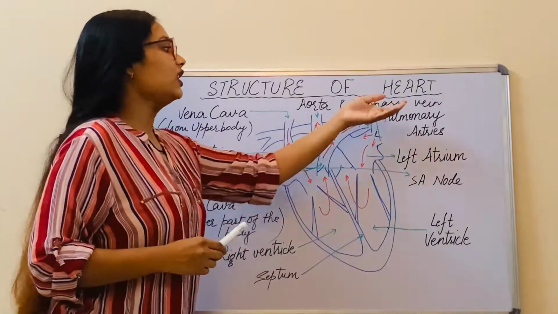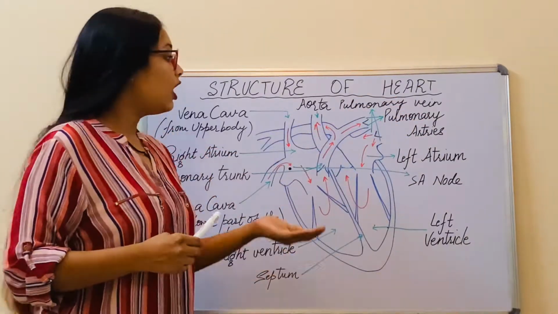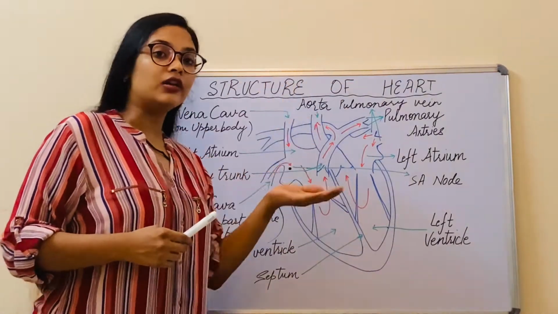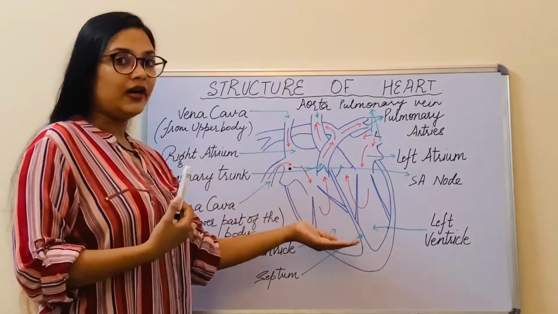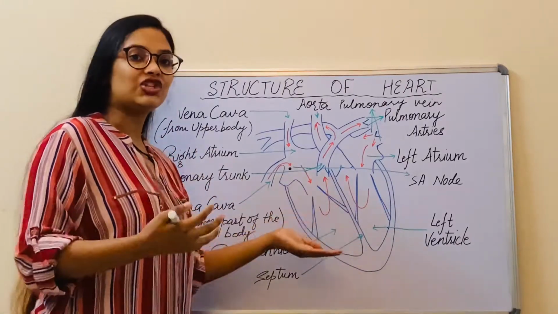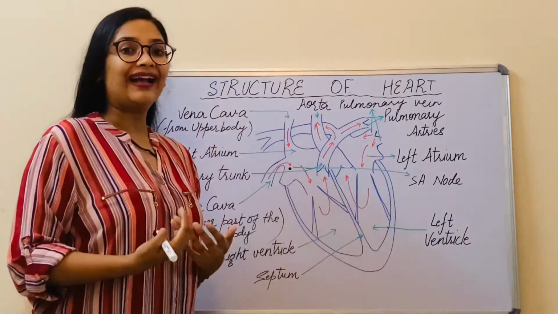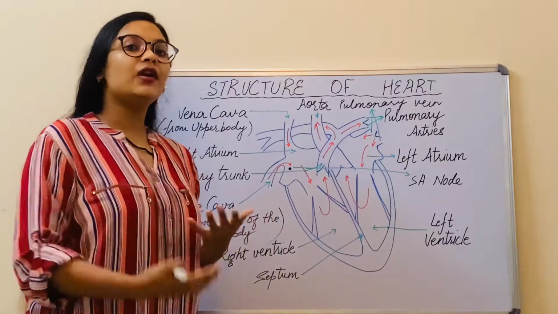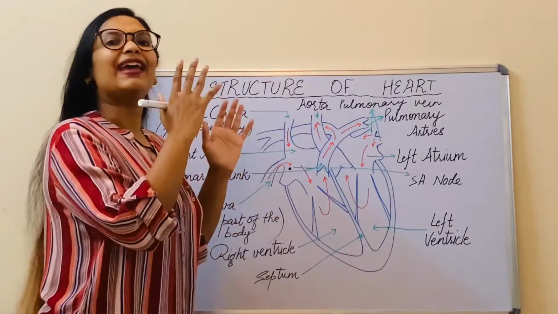So pulmonary arteries are basically taking the deoxygenated blood from the heart to the lungs. The lungs are the organs where the exchange of gases takes place. So the blood which is rich in carbon dioxide goes to the lungs and comes back rich in oxygen instead of carbon dioxide, because the exchange of gases has already taken place in the lungs.